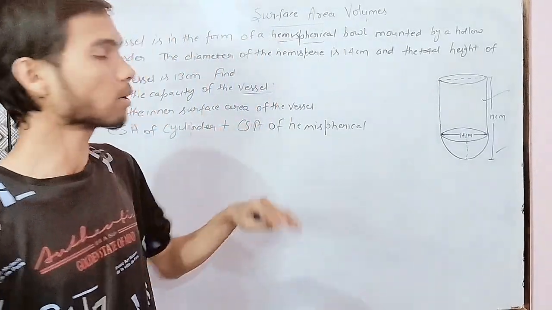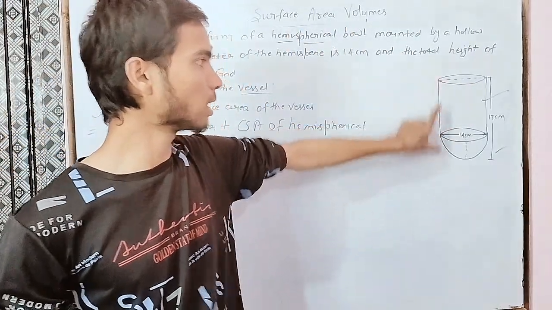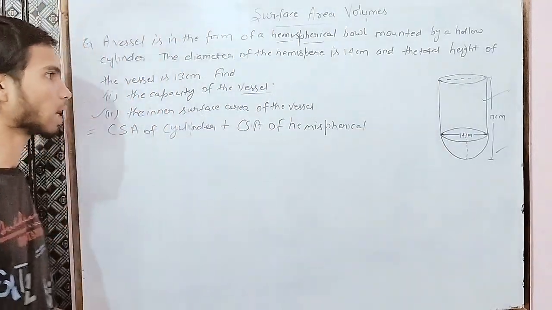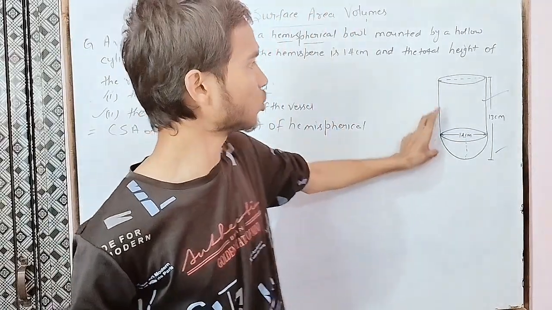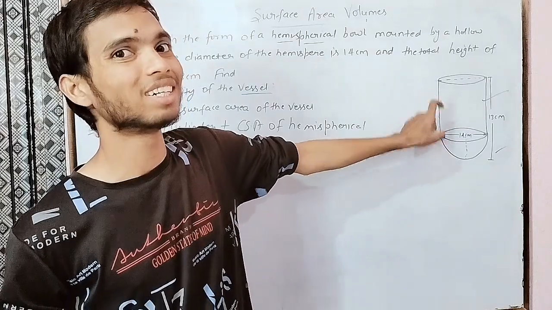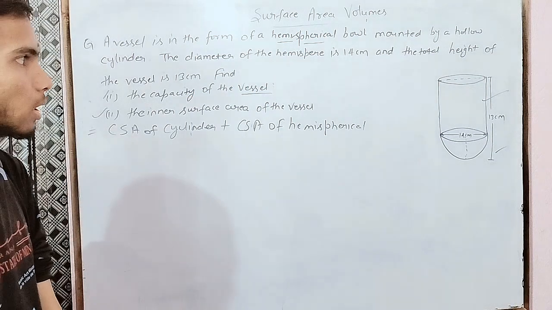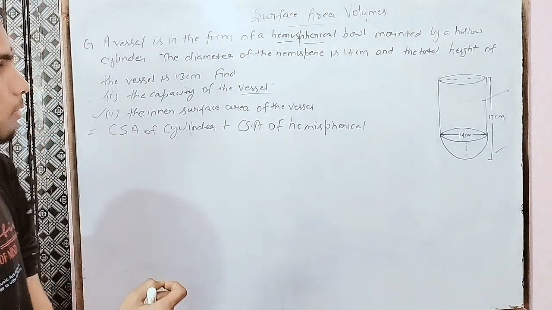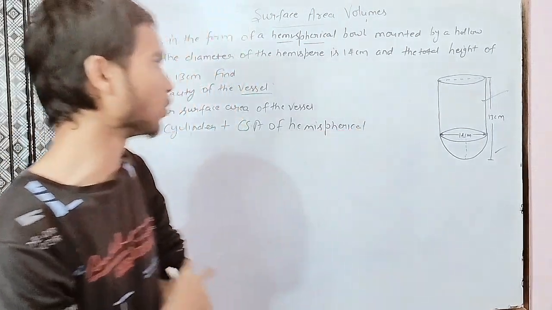No, it is saying find the capacity of the vessel. Here there is a combination of two shapes, and we will find the volume of each shape and then add them together. Then we will get the total volume of this vessel.